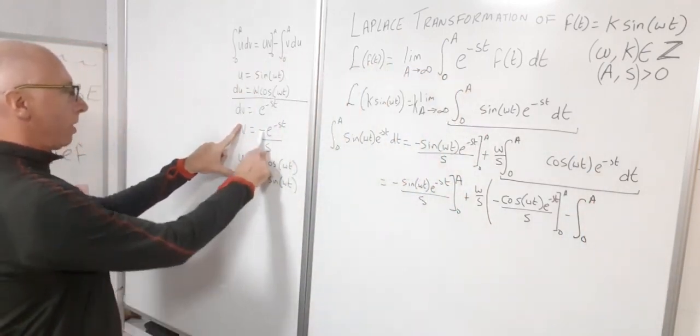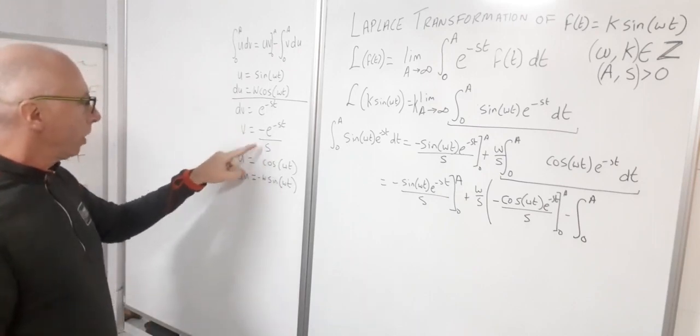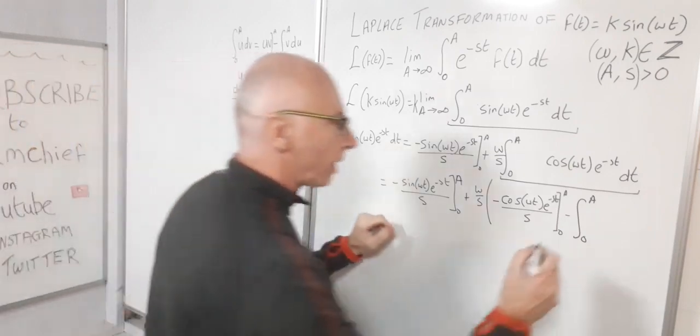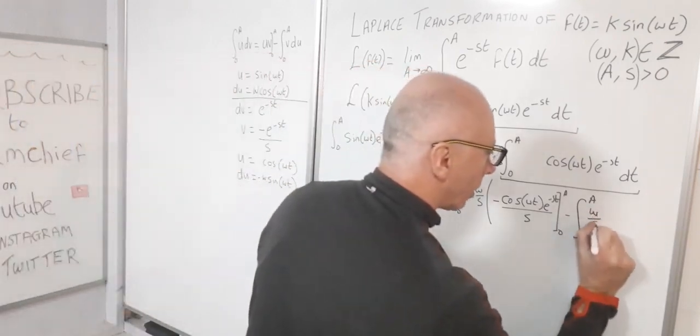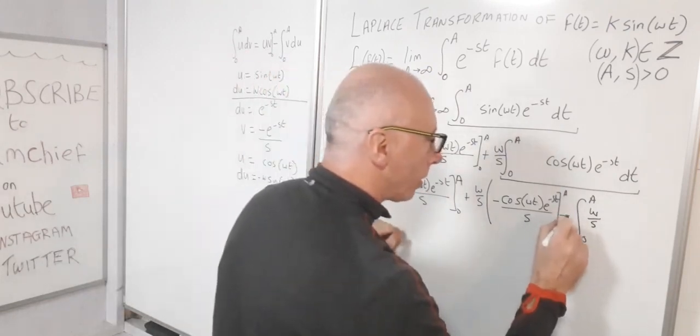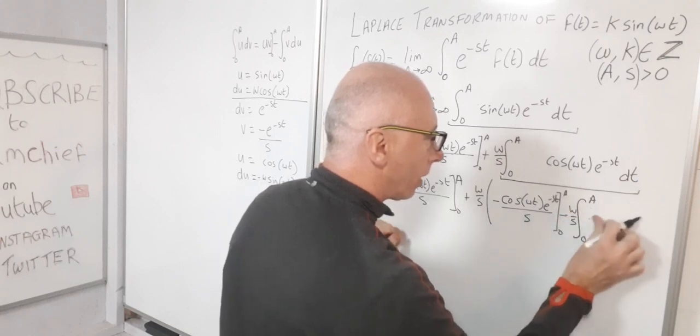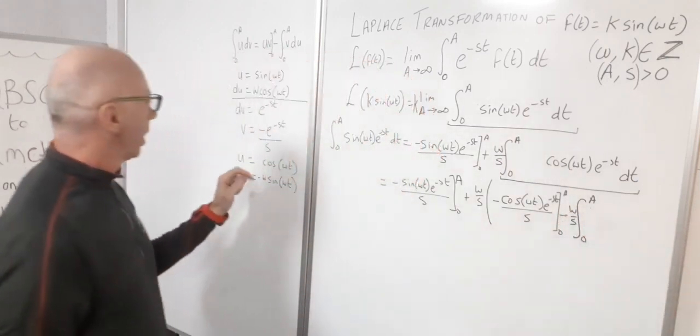So I've got two minuses, so I can leave that as a positive inside the integrand. And I've got a w and an s. So I'll leave w and s again in here, which I can bring out there. So let's just do that right from the get-go. So minus w over s, that will take care of that.